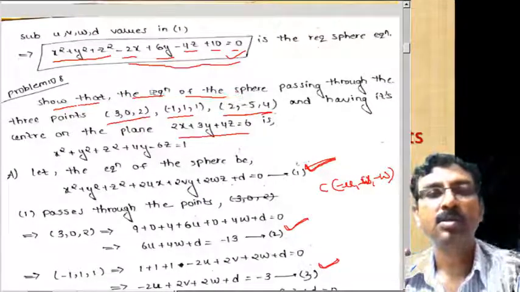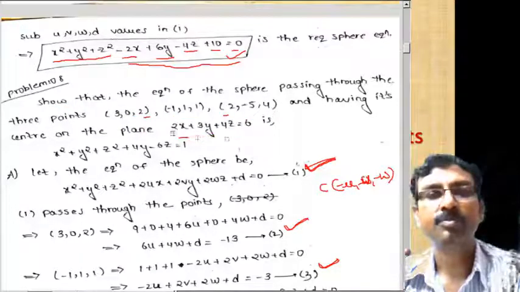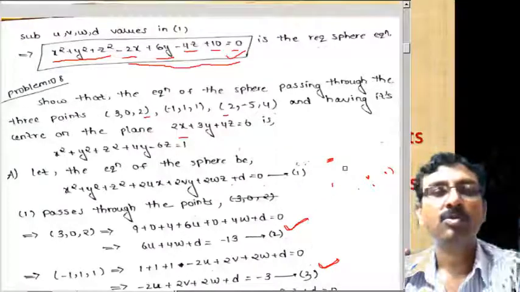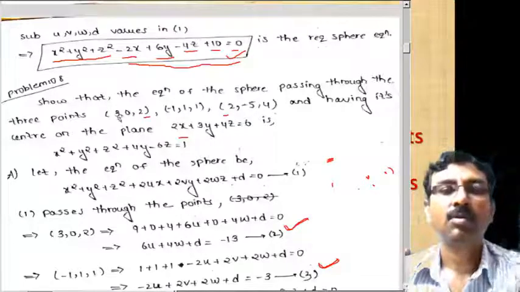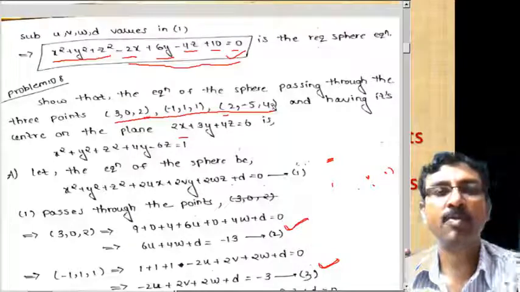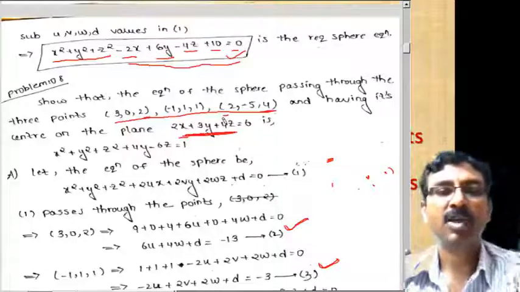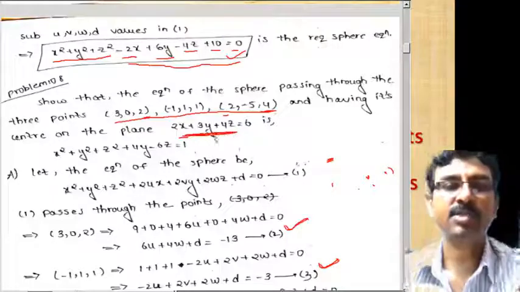Next, here is one more problem, which is very similar to the previous problem. So 3 points are given. The required sphere passes through the 3 points and has its center on the plane 2x plus 3y plus 4z equal to 6.